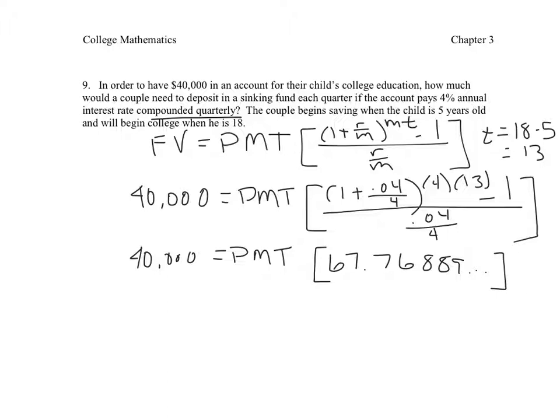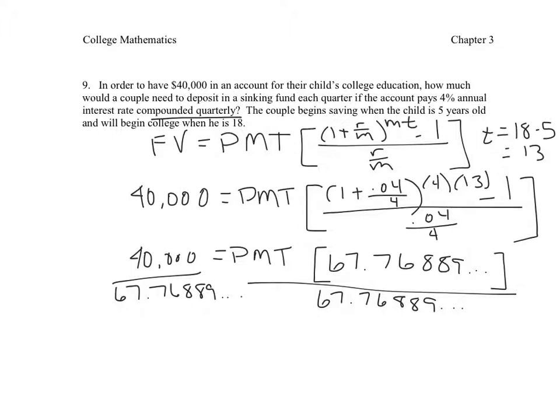You can either write down all the digits that you can, or you can retain that in your calculator, because what we have to do to find the payment will be divide both sides by that 67.76889. And remember, we want to round this to the nearest cent. The quarterly payment needed is going to be $590.24.